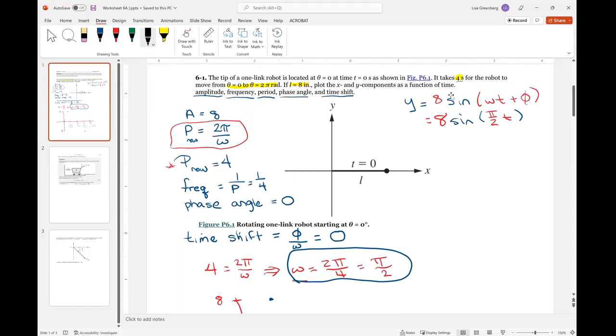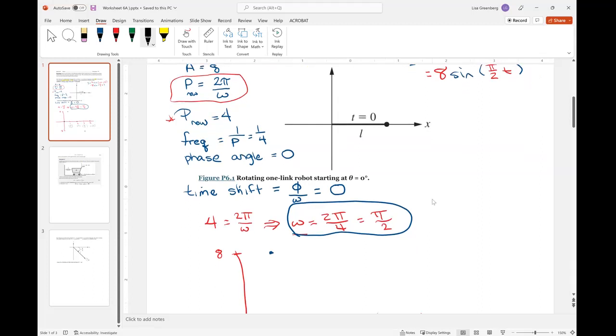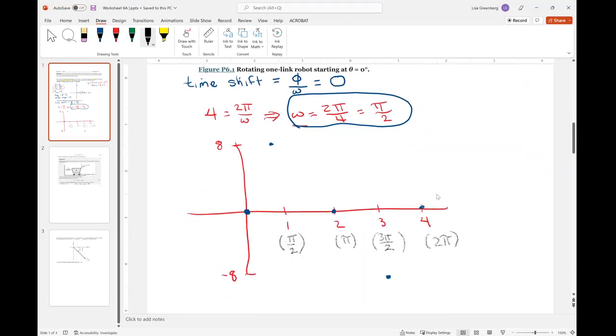We were told that our period is 4 seconds. So after I have that, then I found what omega is. So omega is pi over 2, which means that I would have had to divide each one of these by pi over 2. Divide by pi over 2. Divide by pi over 2. And divide by pi over 2. So there's my 1.